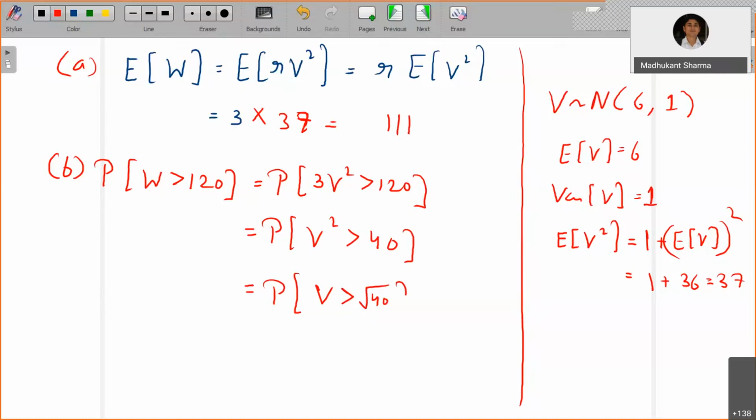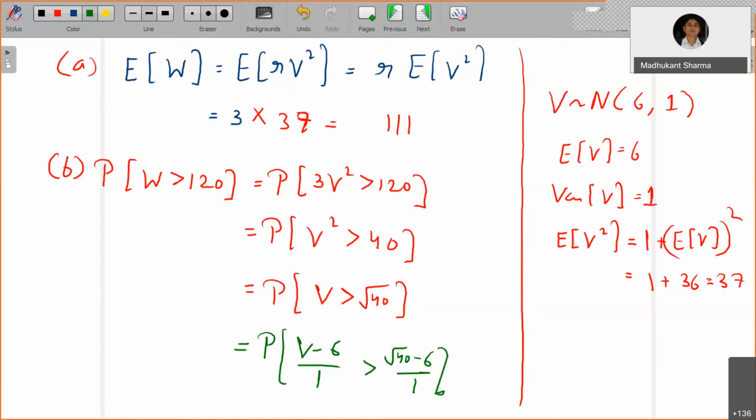Now use the fact that V follows the normal distribution with mean 6 and variance 1. So I can transform it into the standard normal variate. This equals the probability of (V minus mean) divided by the standard deviation, greater than (square root of 40 minus 6) by 1.